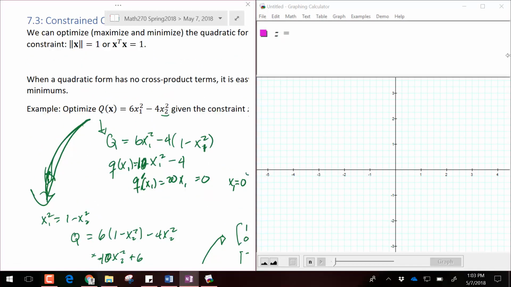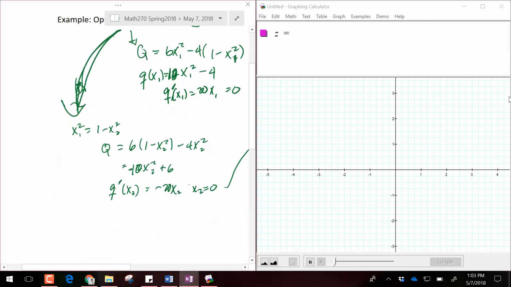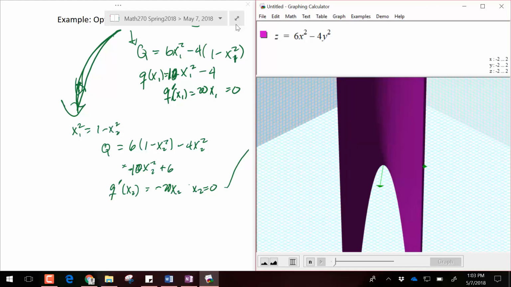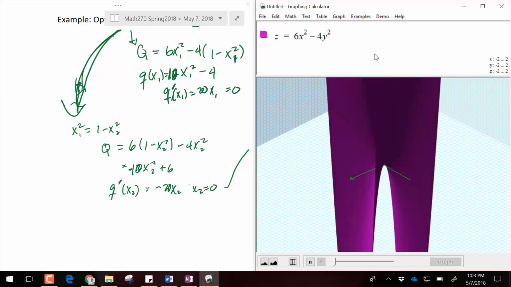So if our graph is 6x squared, whoops, where am I? Probably didn't want to do that. 6x squared minus 4y squared. And then we constrain it with a circle.